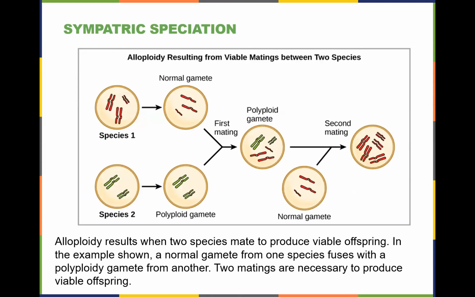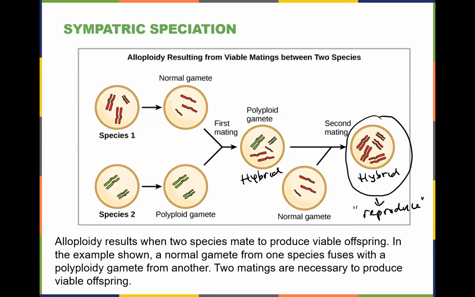This is the alloploidy, which is a hybrid. So we can say this is the hybrid over here. Okay, this is the hybrid. This new organism, the hybrid, is able to reproduce, causing them to develop into a new species.